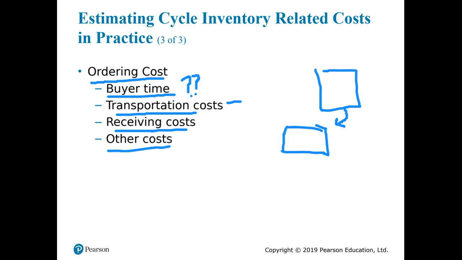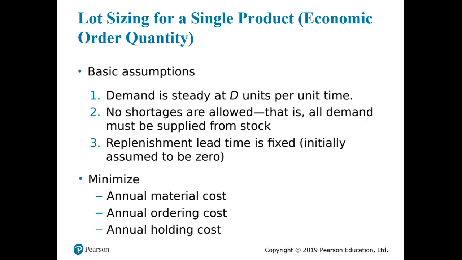Okay, so if you want to calculate the lot size for a single product using economic order quantity, we'll have to go with basic assumptions. One of the basic assumptions is that demand is steady at D units per unit time. No shortages are allowed. That is, all the demand must be supplied from the stock.